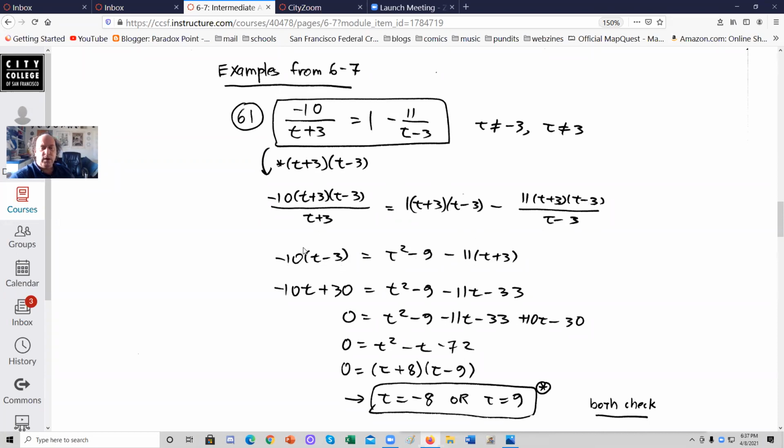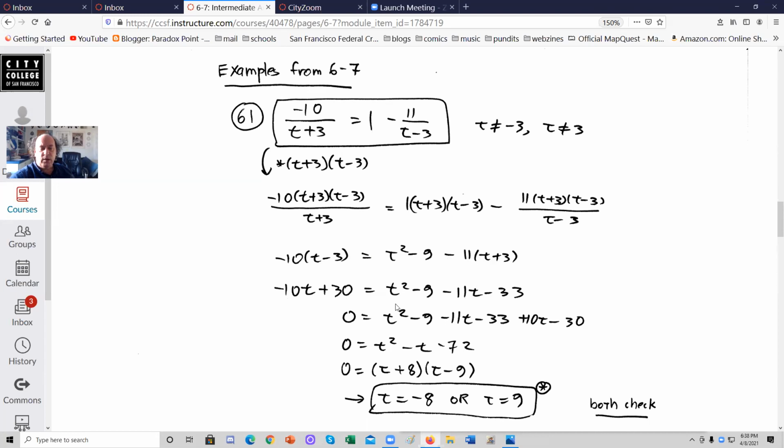Okay, so expand this, multiply −10 throughout: −10t + 30 equals t² − 9. Now here we'll have to watch out, there's this negative sign, so we multiply throughout by −11 and get −11t − 33.